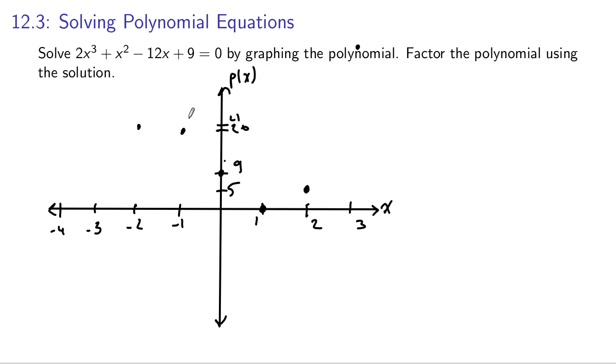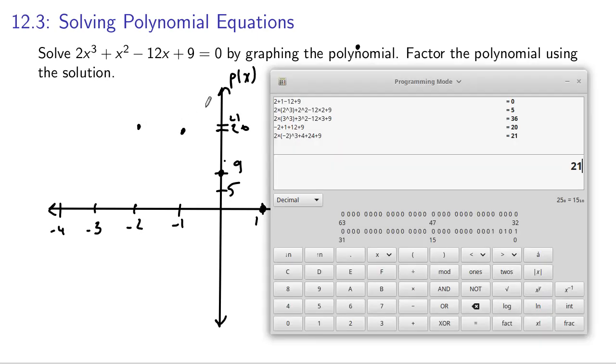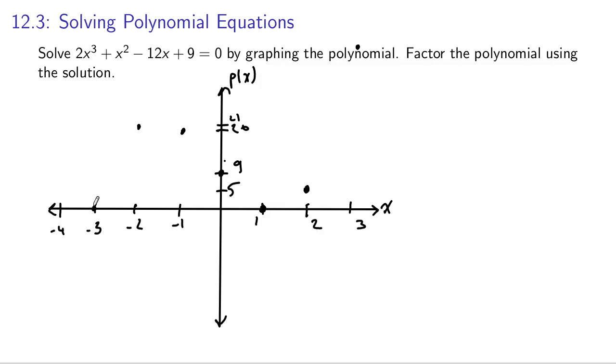Negative 3, 2 times negative 3 cubed, that'll be negative 54, plus negative 3 squared is 9, minus 12 times negative 3 will be plus 12 times 3. Oh, that gives us 0. So we found another 0 as we were graphing.